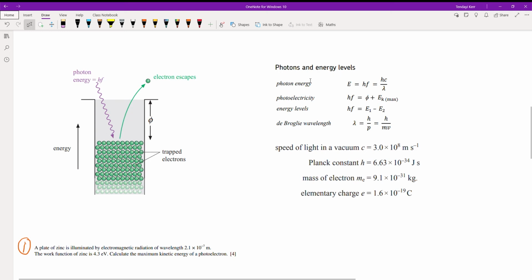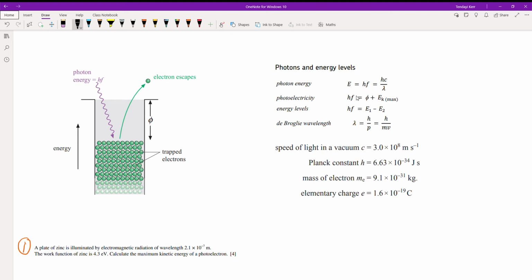In terms of the equations we're using, we've got this section from your formula sheet, photons and energy levels, so the photoelectric effect equation here, noting that the kinetic energy max can also be in terms of the stopping potential, so you can apply a stopping potential to stop the electrons being emitted.